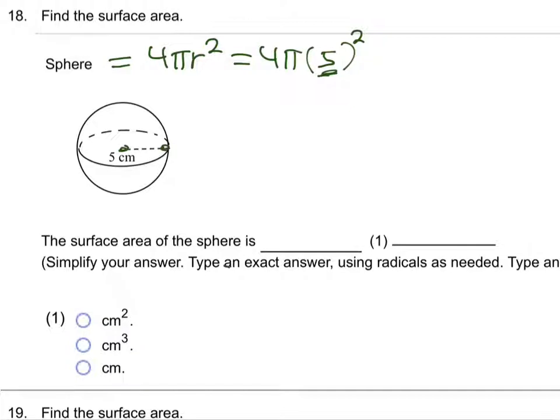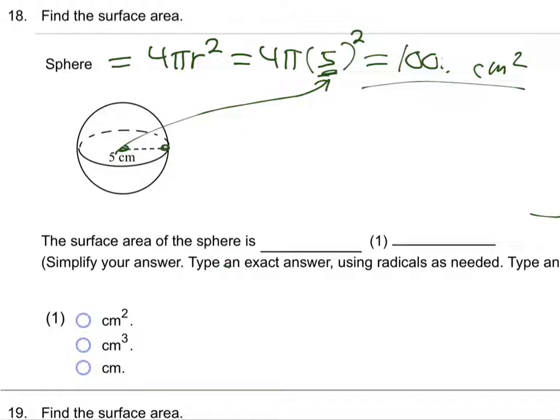So if they give you all the way across, you got to cut it in half when you plug in the radius. So hit the buttons on your calculator. You're going to get 4 times 25, 100 pi. 100 pi, and that is square centimeters. There we go. 100 pi square centimeters.